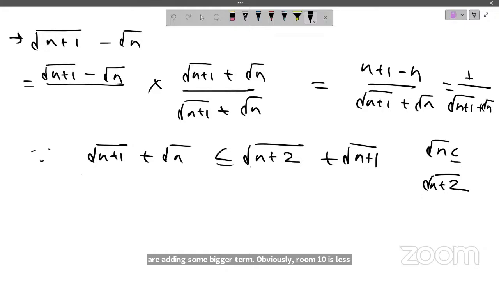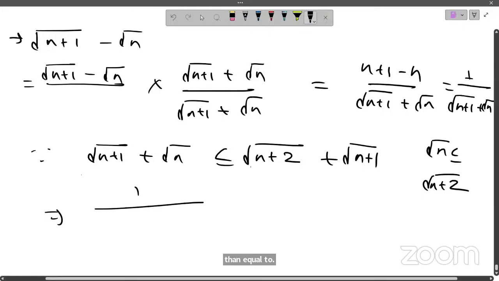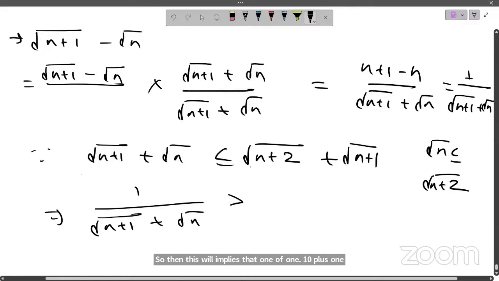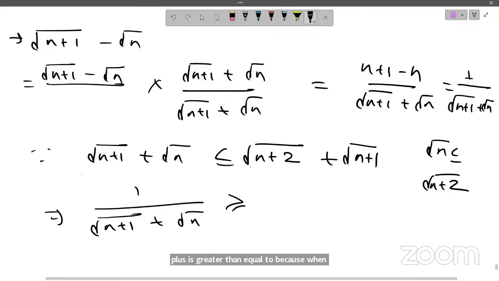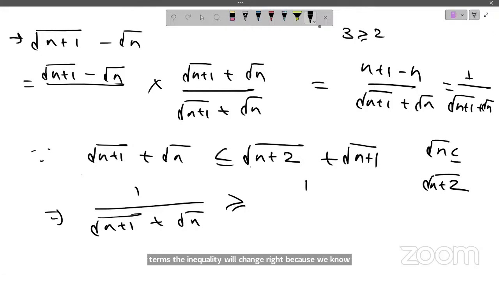So this implies that 1 upon root n plus 1 plus root n is greater than or equal to, because when we flip our terms, the inequality will change. We know that 3 is greater than or equal to 2, but 1 by 3 is less than or equal to 1 by 2. So we are flipping the quotient and the numerator, and our inequality gets adjusted accordingly.